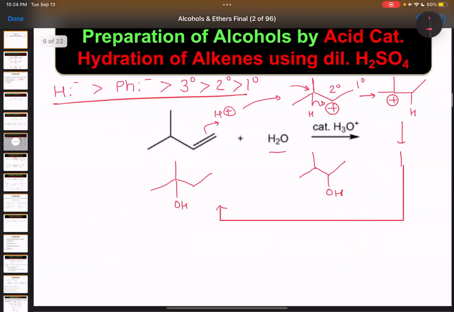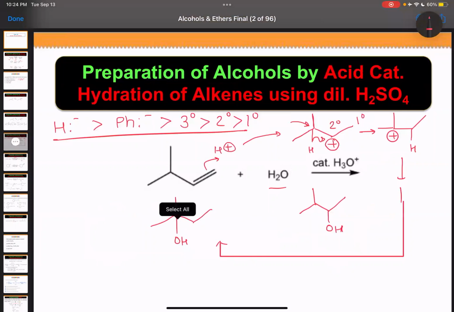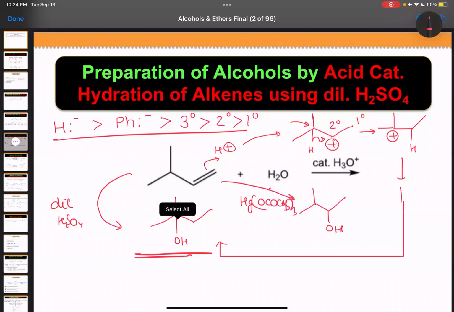Suppose you take the OMDM method here. With dilute H2SO4, the rearrangement will happen and the answer will be this one. With OMDM, you need to write the complete set of reagents: mercuric acetate, Hg(OCOCH3)2, then water, with THF as a solvent.